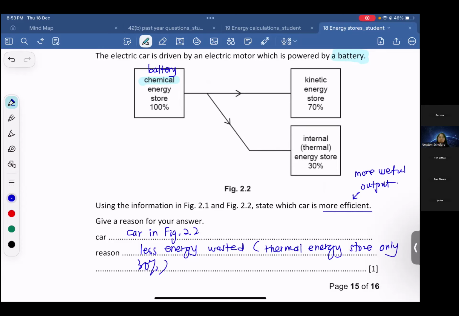Or you can mention the more useful output energy.